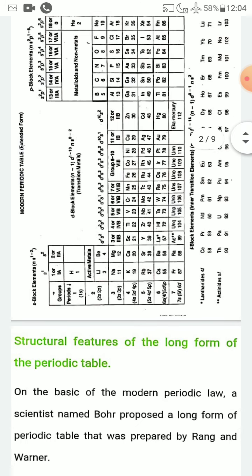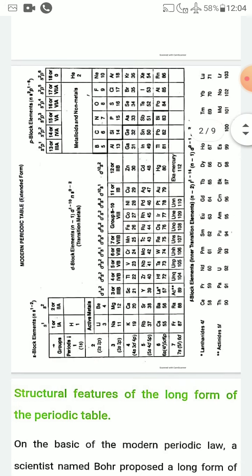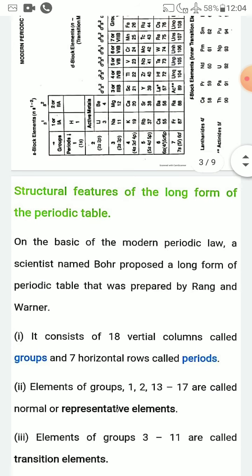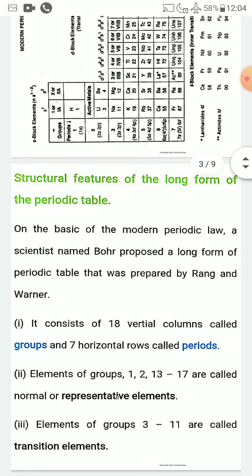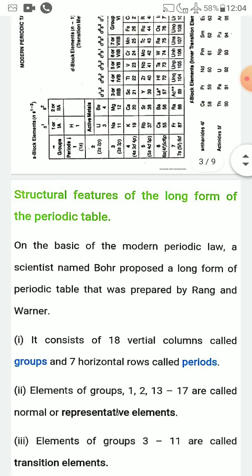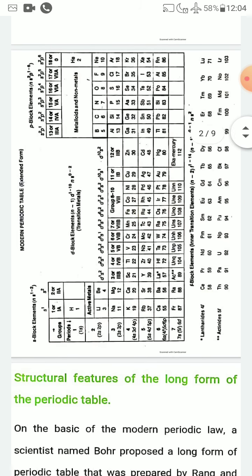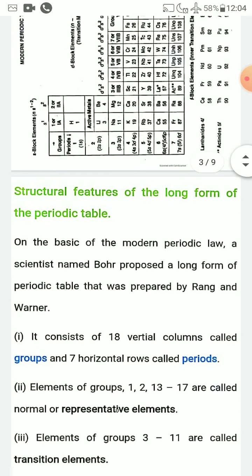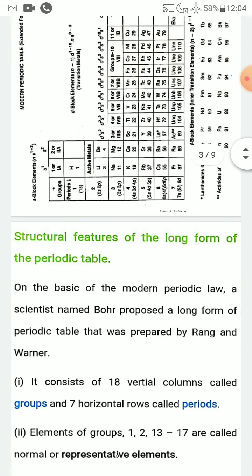Now, the structural feature of the long form of the periodic table. The long form of the periodic table means the modern periodic table. The modern periodic table consists of 18 vertical columns which are called groups, and 7 horizontal rows which are called periods.